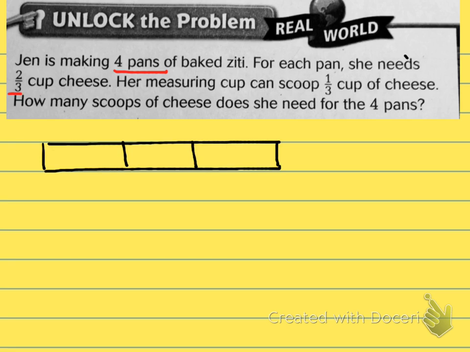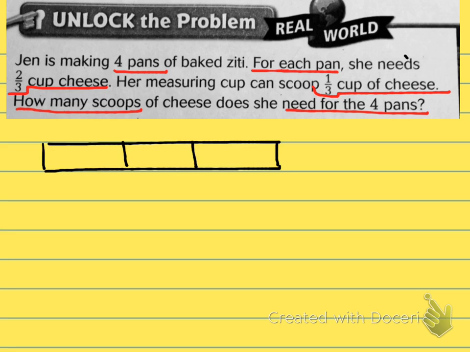So I know that I need 2/3 of a cup of cheese for each pan. Now, my measuring cup can only scoop 1/3 of a cup of cheese at a time. So what I'm trying to find out is how many scoops of cheese am I going to need for 4 pans? How many scoops needed for 4 pans?